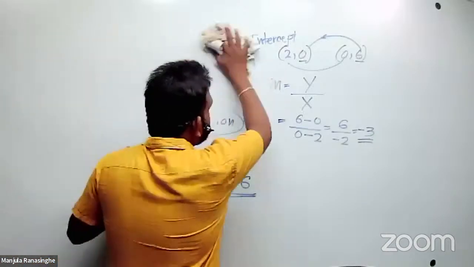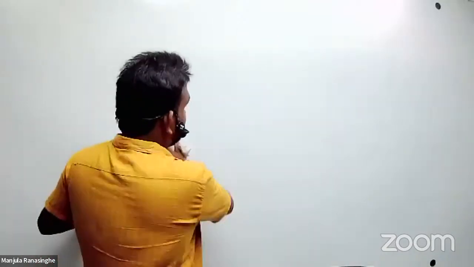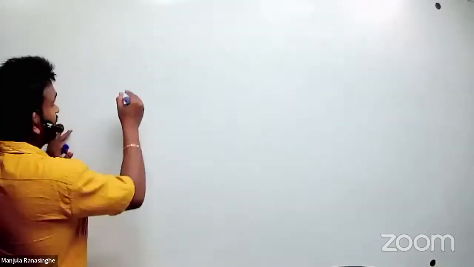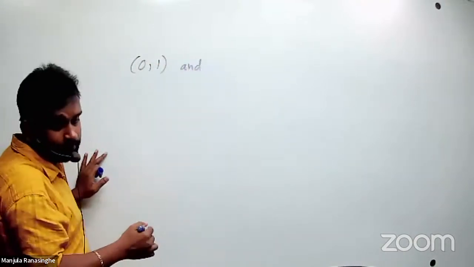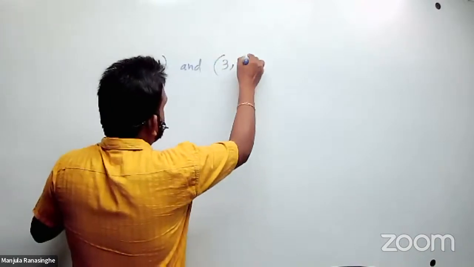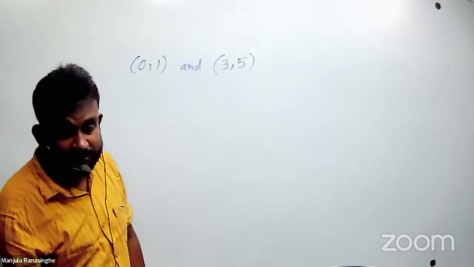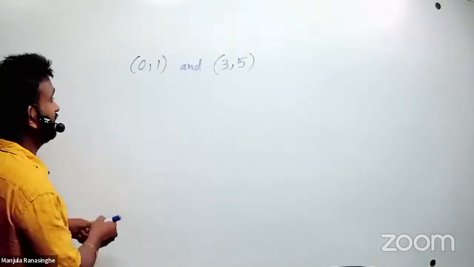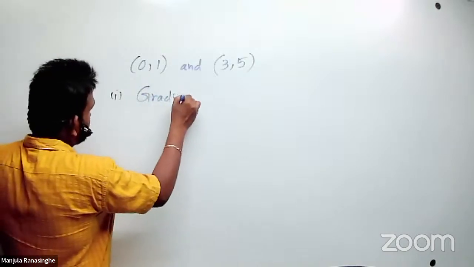Put it in the chat: we need to find the gradient and the equation. The graph passing through these 2 points, right? The graph passing through 0,1 and 3,5. Find the first one, the gradient.